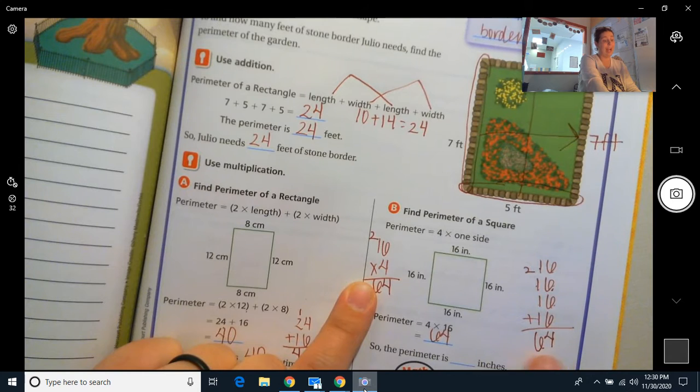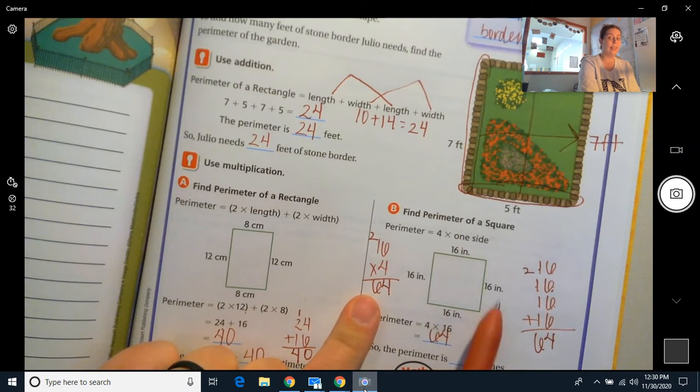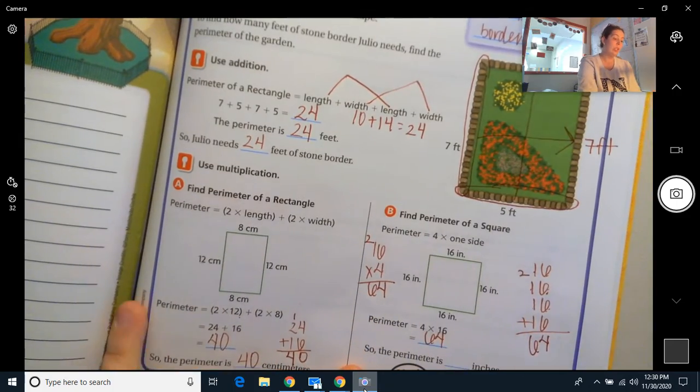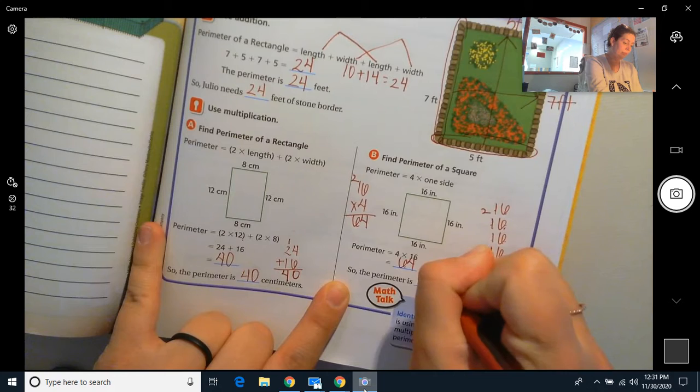You may prefer to add more than you prefer to multiply, but multiplication saves more time instead of having to count on my fingers if I don't know my multiplication facts, okay? So perimeter, if it's a square and all the sides are the same, you can take one side times 4. So the perimeter is 64 inches.